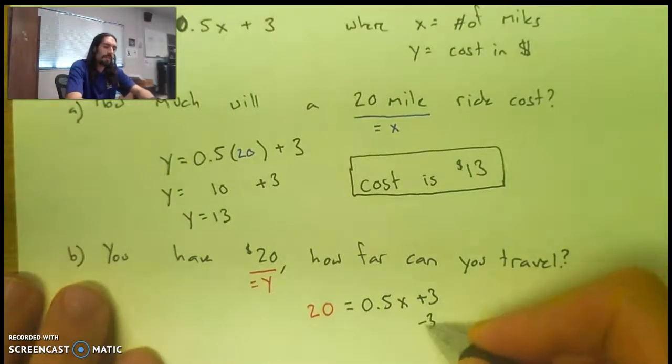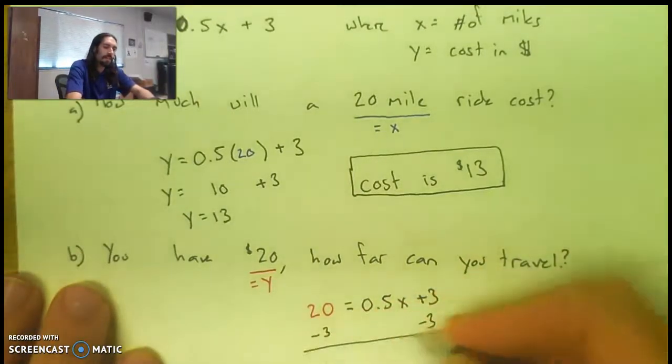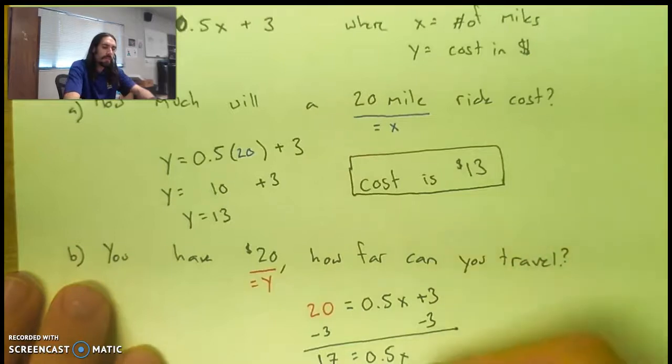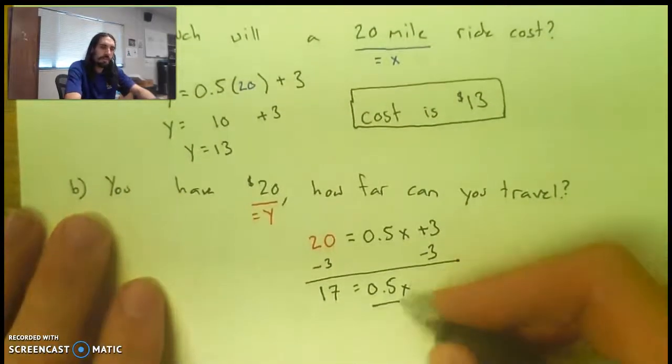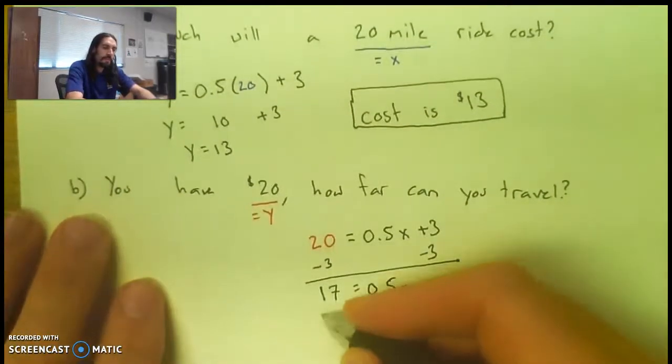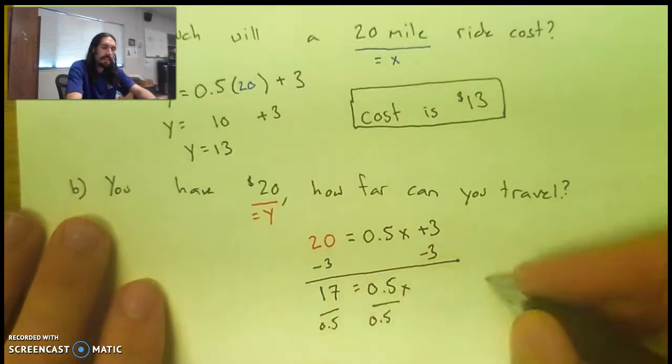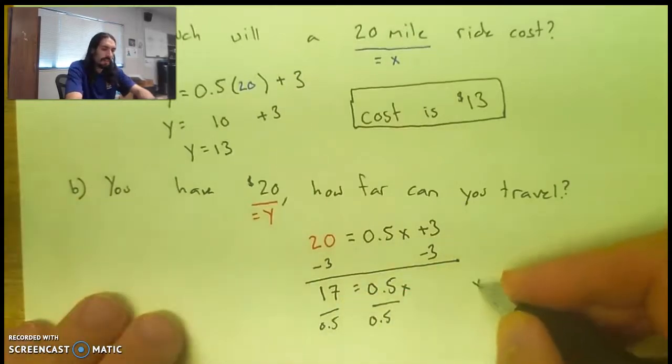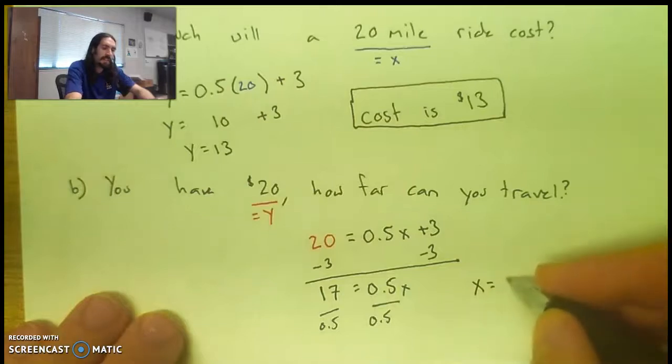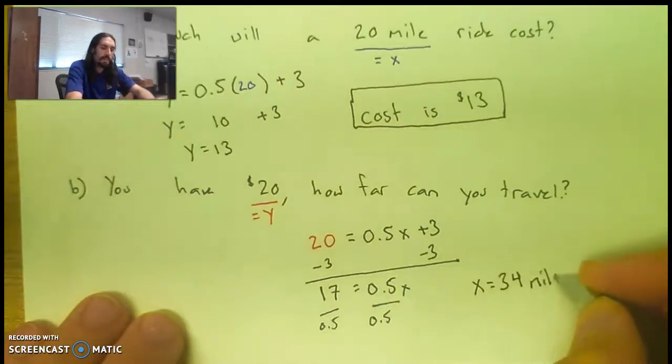So I need to subtract my 3 to the other side. You've got 17 is equal to 0.5x. And then you're going to divide by 0.5, and again, totally fine to use a calculator. If you do that, you get that x is equal to 34 miles.